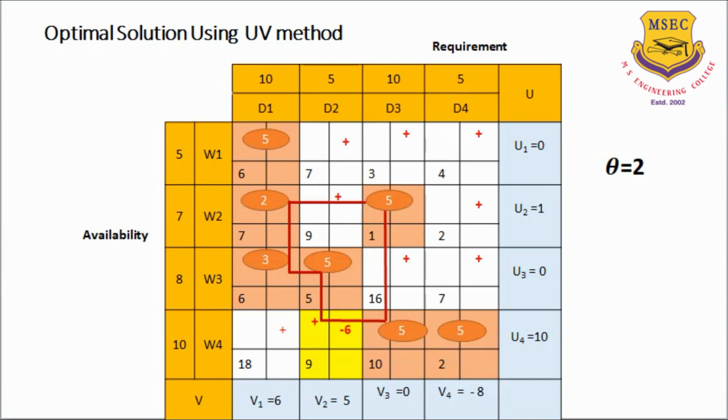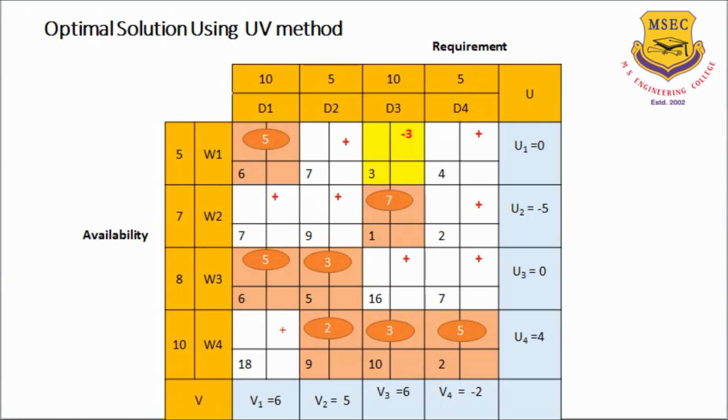Like that the entire loop happens, and the value that is going to be added and subtracted here will be equal to 2. So 2 is added and 2 is subtracted from all the remaining cells.